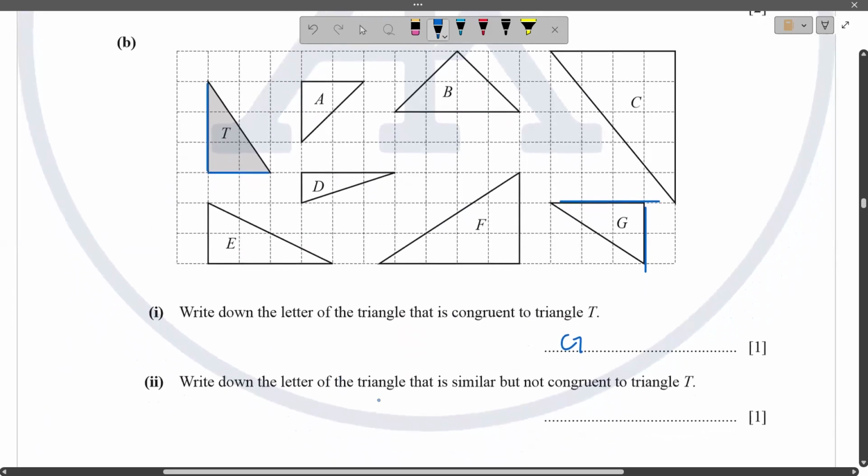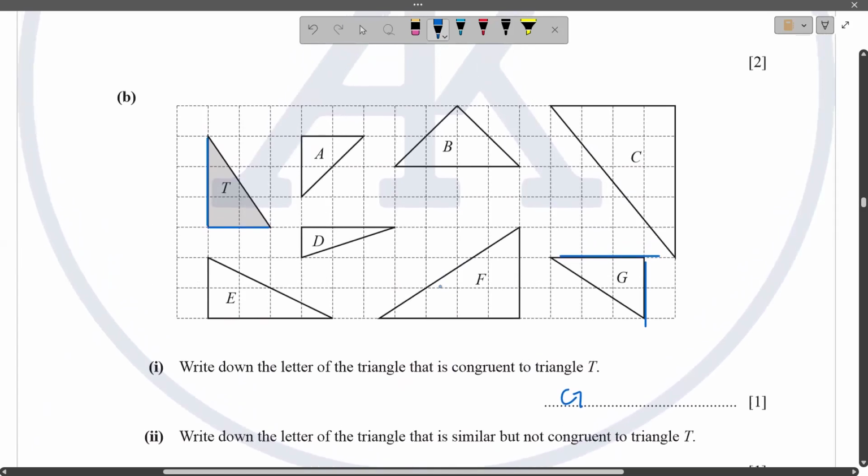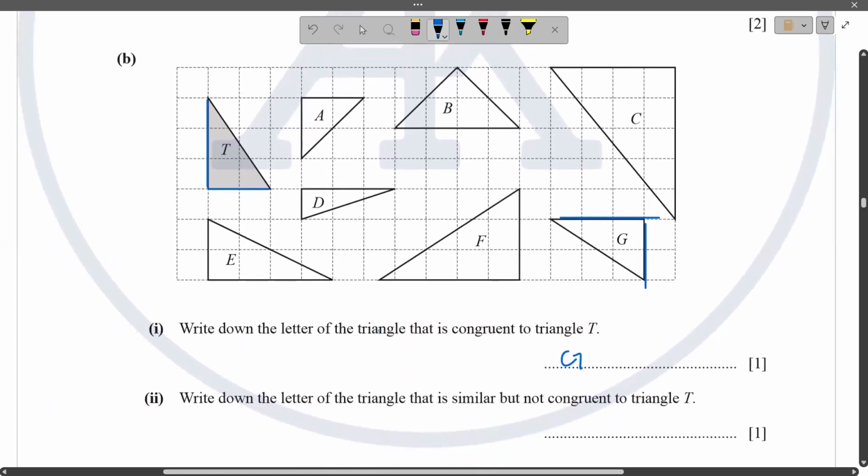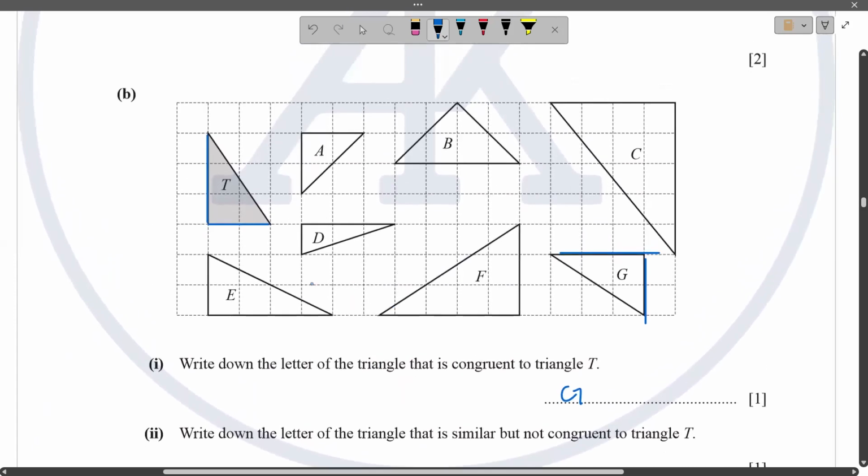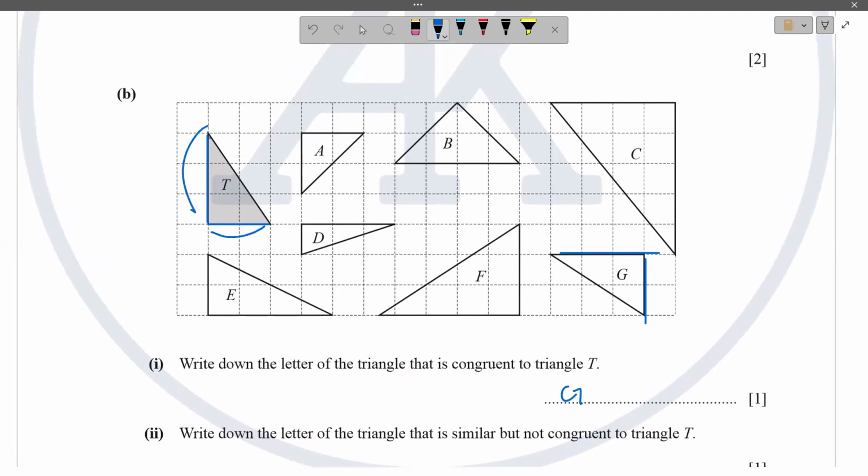Write down the letter of the triangle that is similar but not congruent to triangle T. Similar but not congruent. So which one is similar? It has proportional lengths. Means if this is 2, it could be 4 here, and this is 6. Okay, so let's check.